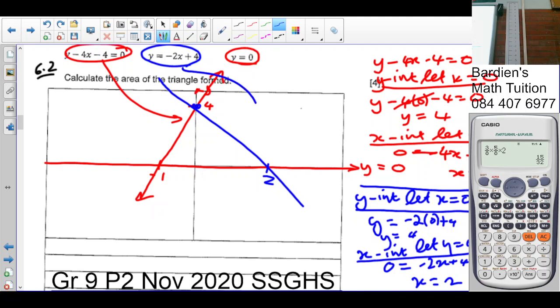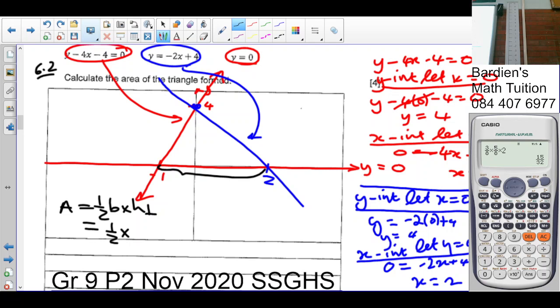But what's the question? The question says, calculate the area of the triangle formed. So in other words, that is the area I'm calculating. So how do you calculate the area of a triangle? Half base times perpendicular. Now the base is going to be from negative 1 to 2.